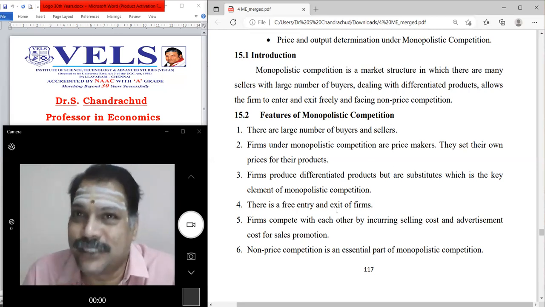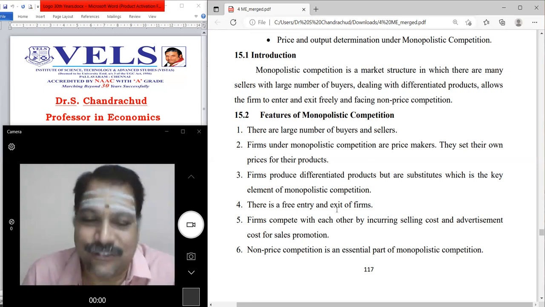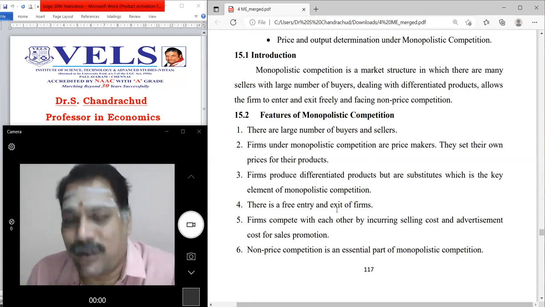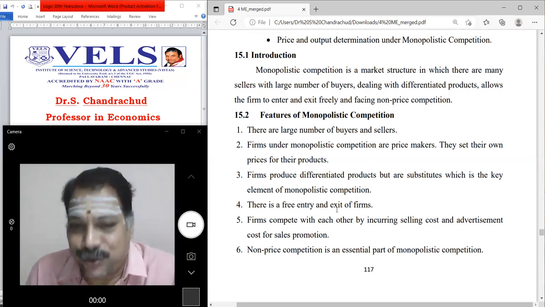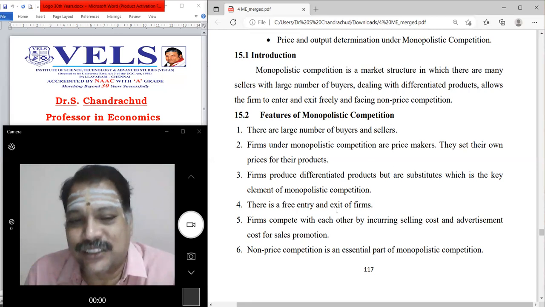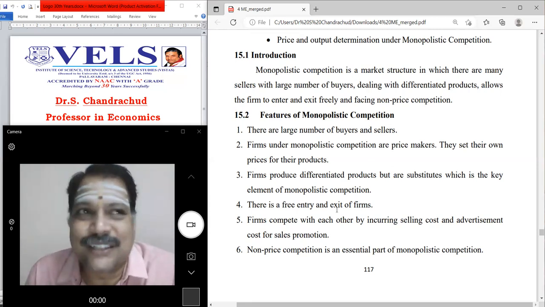This is possible in monopolistic competition, because in perfect competition we don't have such a provision. And in monopoly, he is the only seller, so there is no need to spend more on selling cost. The unique feature of monopolistic competition is that it is non-price competition, which is an essential part of monopolistic competition. If it is not non-price competition, then it is not monopolistic competition. It may be some other imperfect competition.